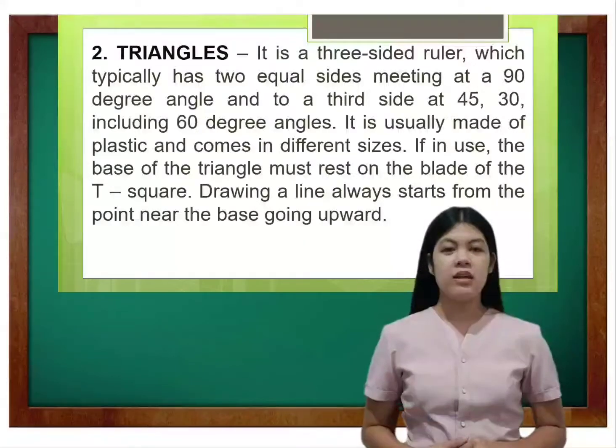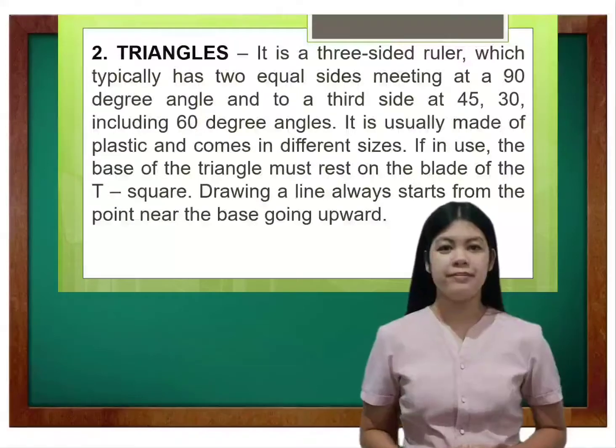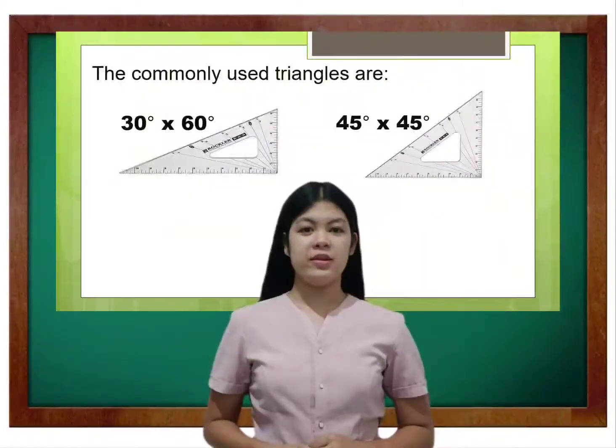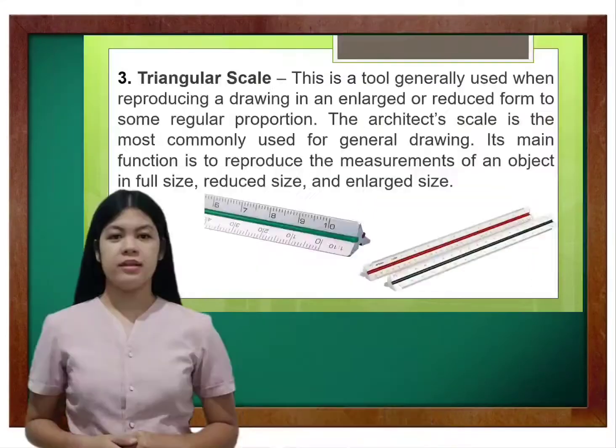If in use, the base of the triangle must rest on the blade of the T-square. Drawing a line always starts from the point near the base going upward. The commonly used triangles are the 30 degrees by 60 degrees triangle and the 45 degrees by 45 degrees triangle.